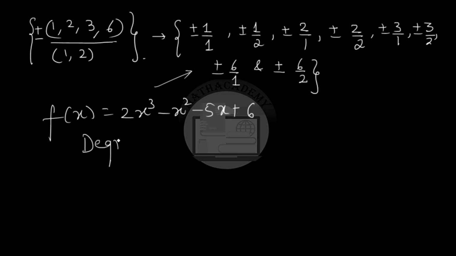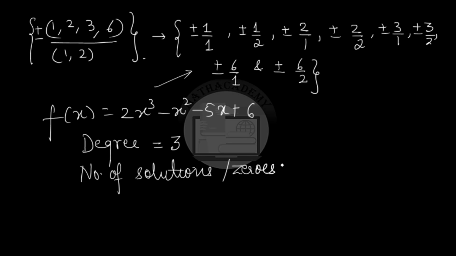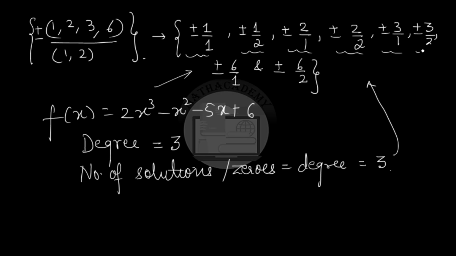The degree of this function is 3. And we know that the number of solutions or zeros is always equal to the degree of the function. So there have to be 3 zeros, and those 3 zeros will be any 3 values out of this set of values.